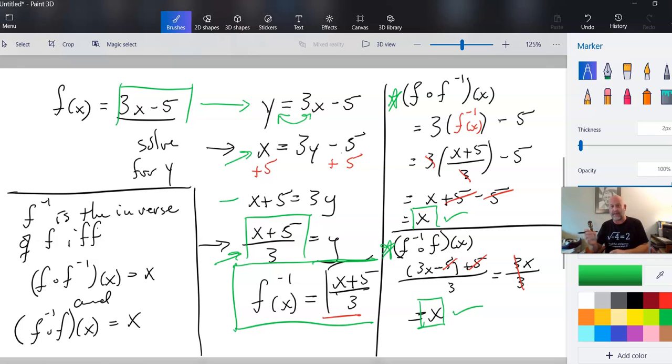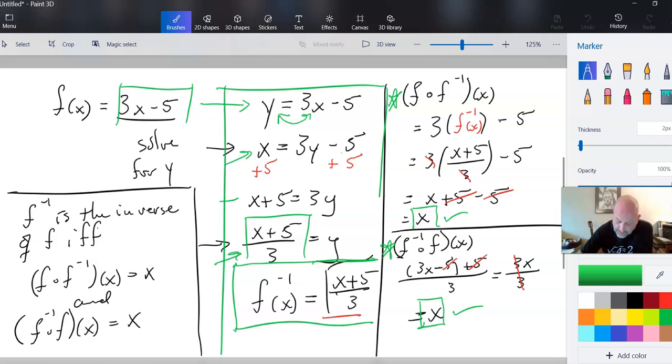The input has to match the output. So if you don't get that, then they're not inverses. If you do get x both ways, then they are inverses. And so it's a real simple test to see if two things are inverses of each other. And then you'll have other problems that ask you to actually find the inverse, which is this process here, the swapping of x and y.